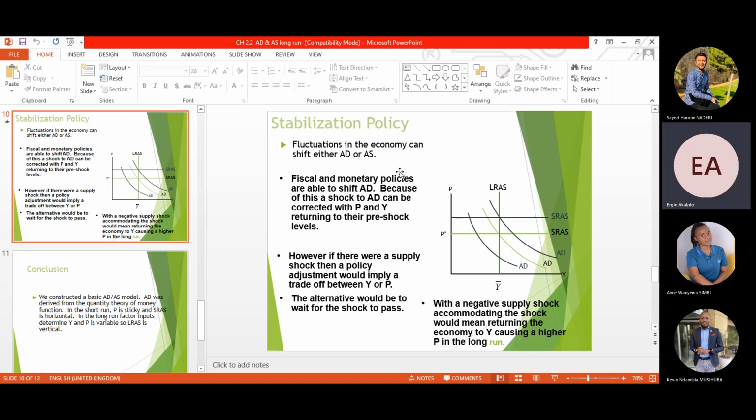This will then cause some effects on the economy, because in the long run the supply is fixed, is vertical, and as a result some increase may be realized and shift the aggregate demand to the upper level. As you are observing here, it is shifted outward.